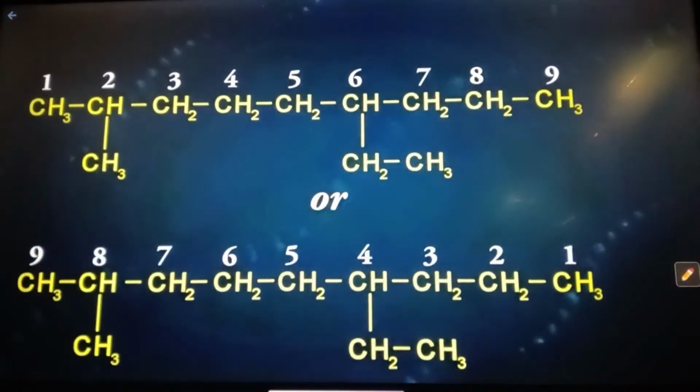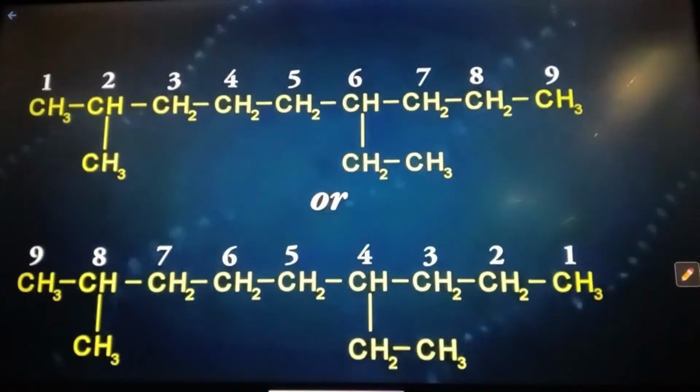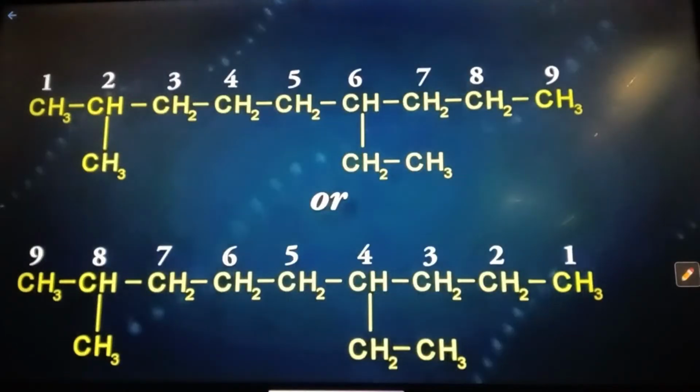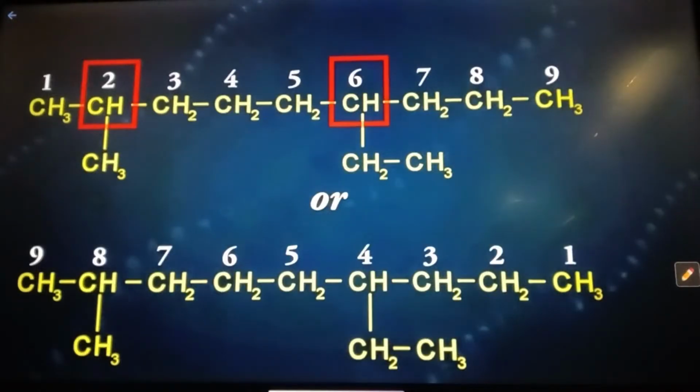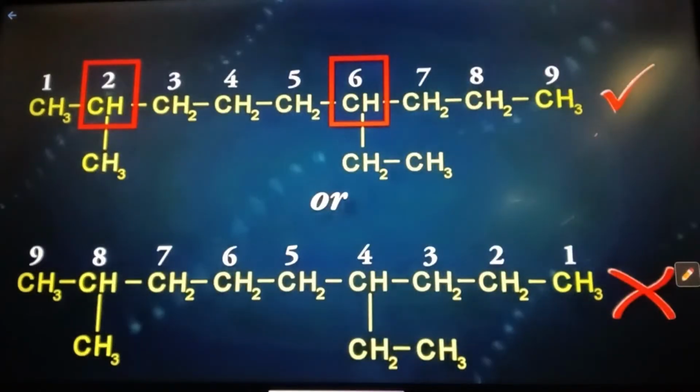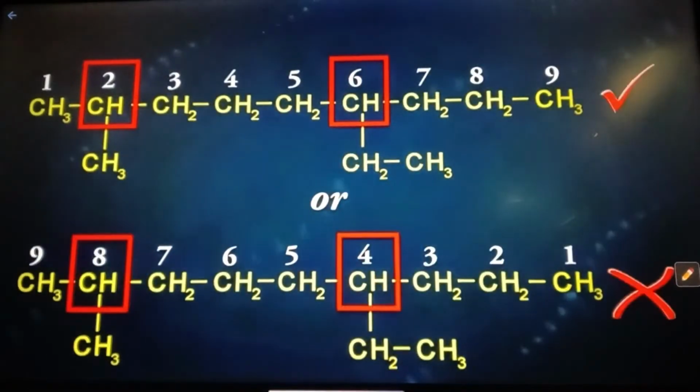Thus, the numbering in the shown example should be from left to right, branching at carbon atoms 2 and 6, and not from right to left, giving numbers 4 and 8 to the carbon atoms at which branches are attached.